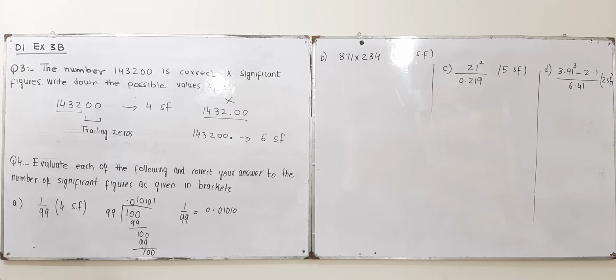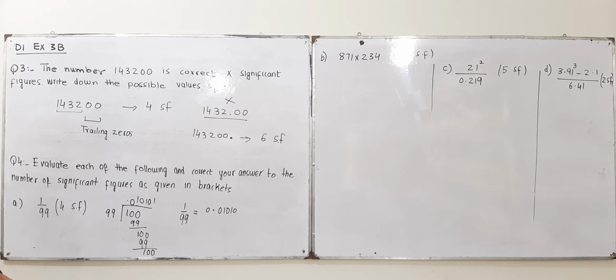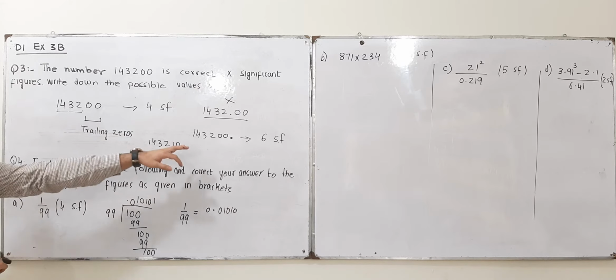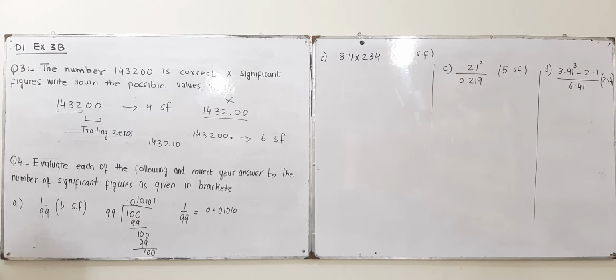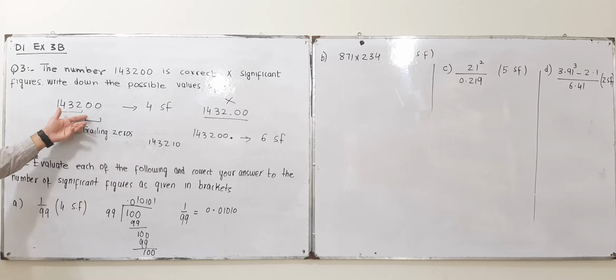Now, is there any other possibility other than these two? The third possibility, other than 4 significant figures and 6 significant figures, may be this one, because when you round off 143,210 to the nearest 100, it will be 143,200.